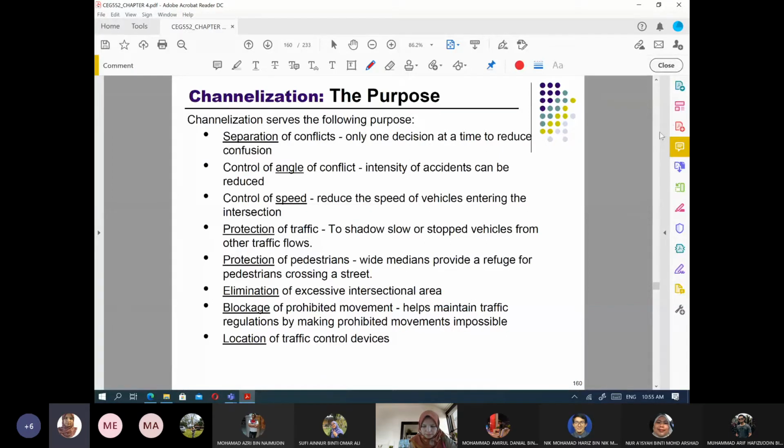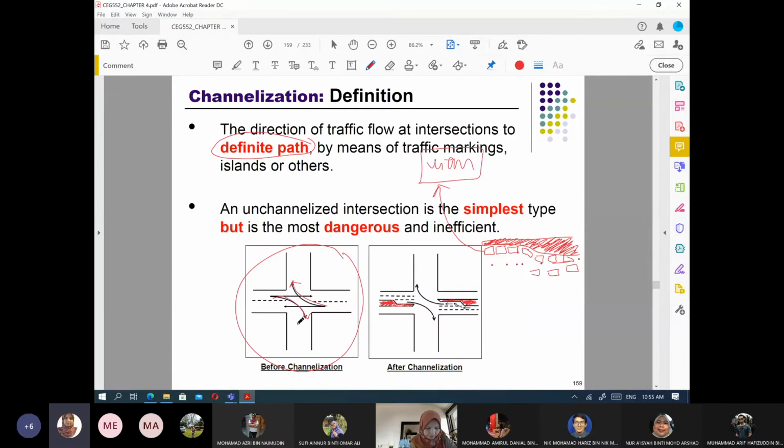So bila kita tak provide this channel, the driver would have a very big space for him to actually control his vehicle. Kalau siapa yang expert tu, dia akan laju lah kan, daripada sini laju je terus dia belok. Sebab dia tak ada langsung any device to keep him to slow down his vehicle.